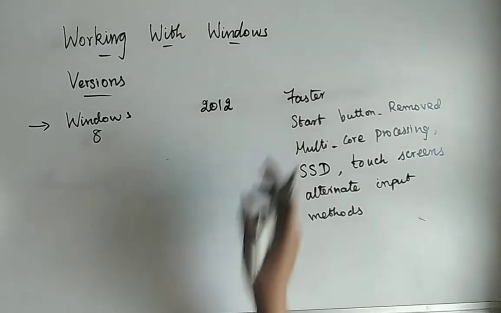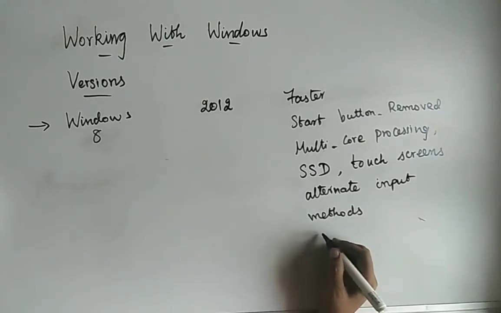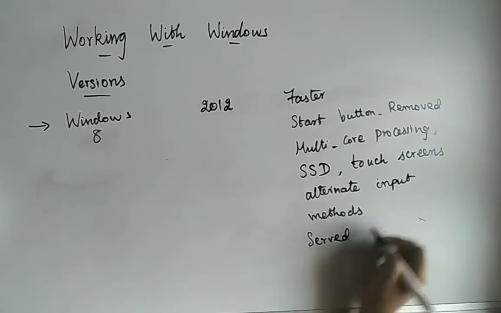So it is faster when compared to the previous versions of Windows. Similarly, the start button was removed. The multi-core processing concept was introduced. Similarly, SSD, that is the solid state drivers concept, was introduced. Touch screens and other alternate input methods are used. Similarly, it served as a common platform for both mobile and computer.